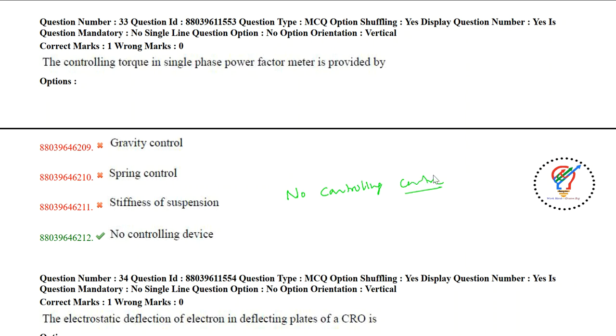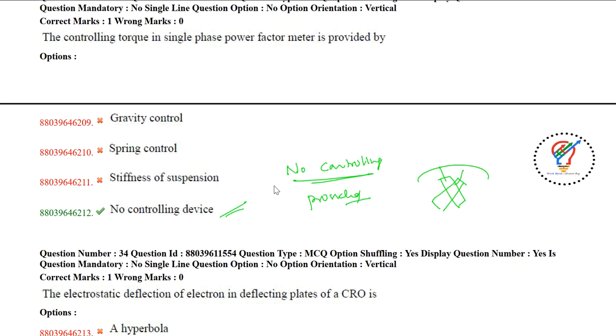The controlling torque is not provided in a power factor meter because the coils themselves control the deflection, so no extra controlling device is provided. The controlling torque happens automatically between the two coils when the coils are moving. So the answer is no devices.